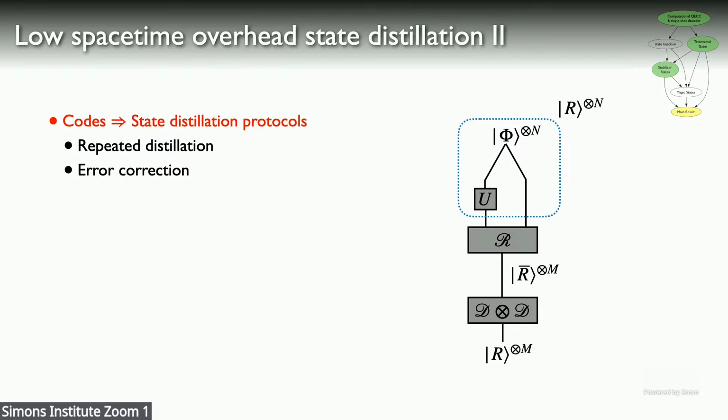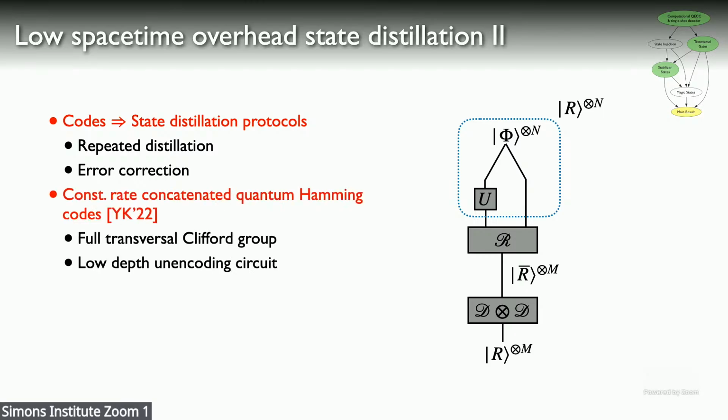We start with the noisy version of our resource state, project it onto the code space of this code with the transversal gate, and apply an error correction operation. Then we have something encoded into that code. We then unencode it from the code that we use for distillation, and that gives us the copies of these resource states.